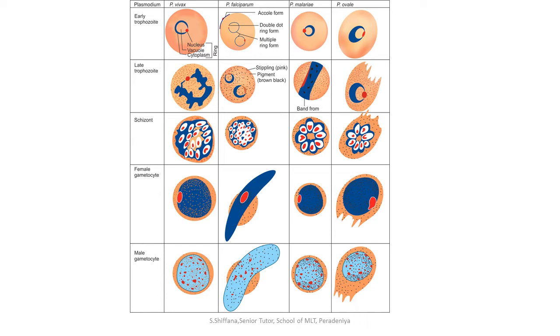When we consider the Plasmodium vivax female gametocyte, this is round in shape, and the nucleus of the parasite is dark red color and compact, eccentric. Eccentric means we can see it on one side, and again the color of the nucleus is very dark and compact. The cytoplasm of the parasite is blue color.